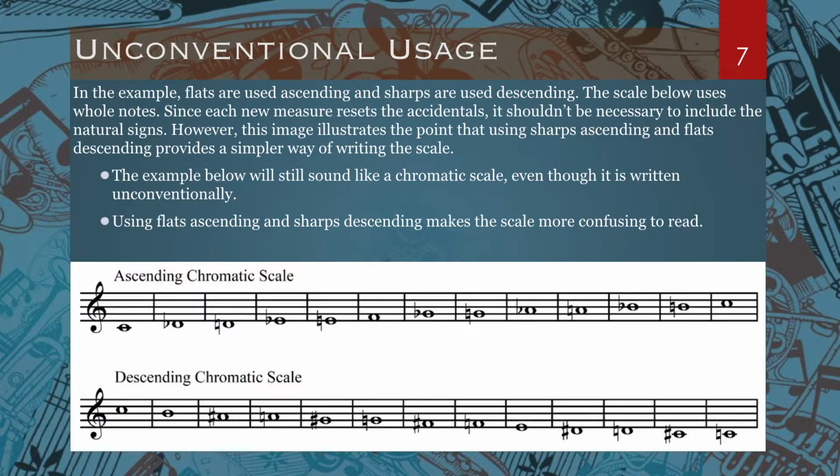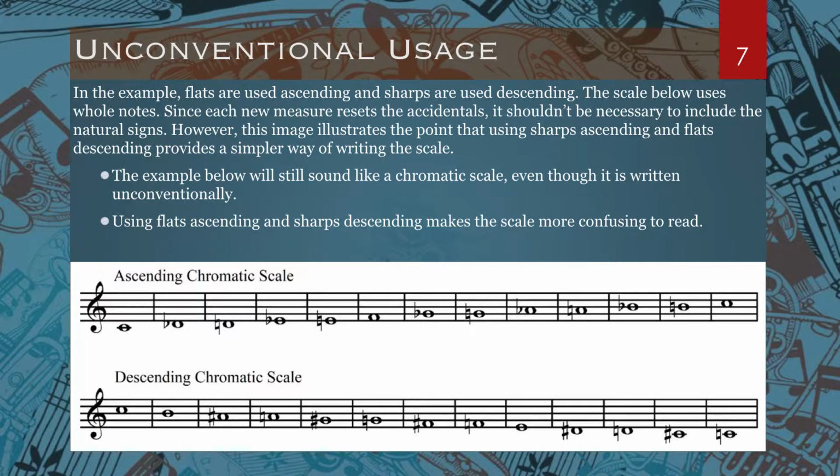We call that a courtesy accidental, and sometimes you'll see these courtesy accidentals written in parentheses, but not always. So we move from C to D flat, courtesy accidental to indicate that we have a D natural there. Then we move to E flat, and E natural, another courtesy accidental, then F, G flat, G, A flat, A, B flat, B, and C.